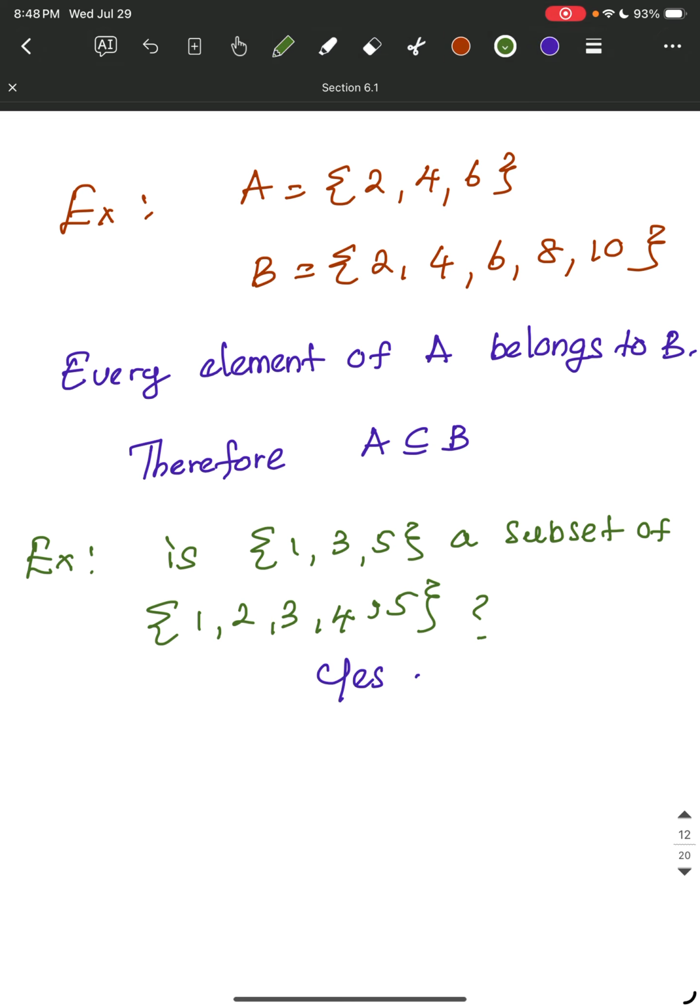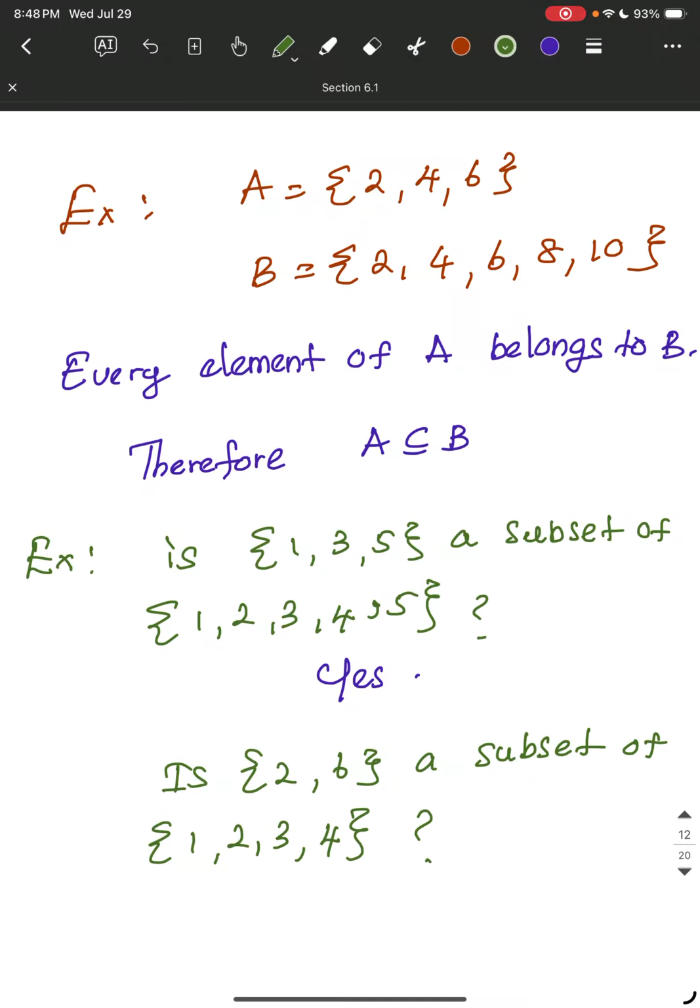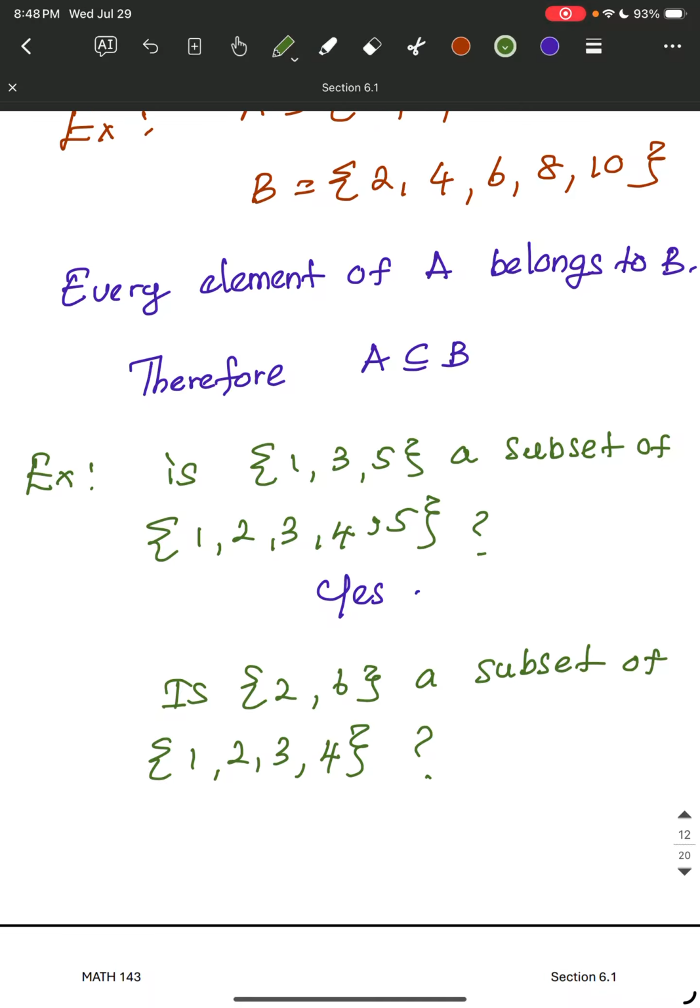Next, is 2, 6 a subset of 1, 2, 3, 4? No, because 6 is not in the larger set.